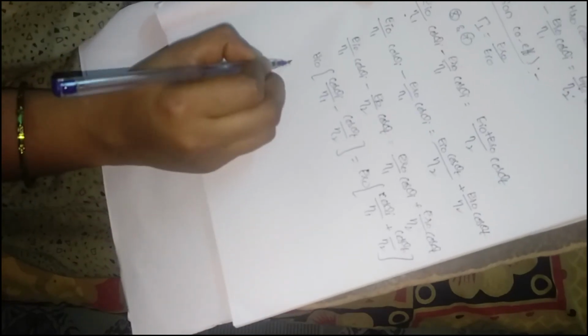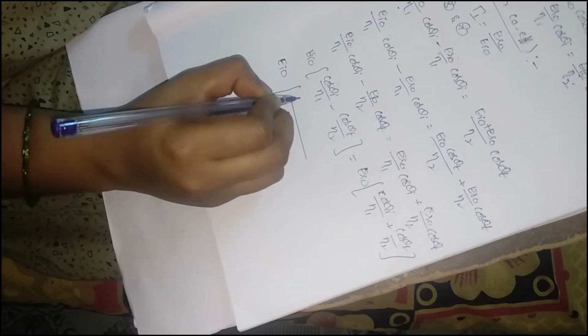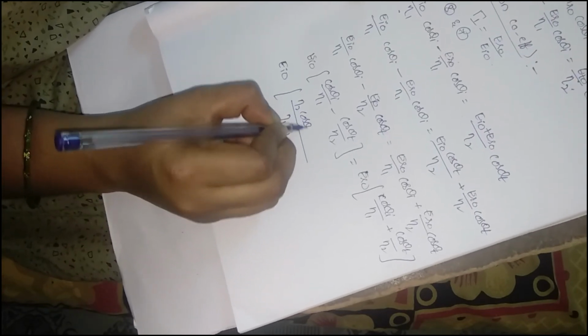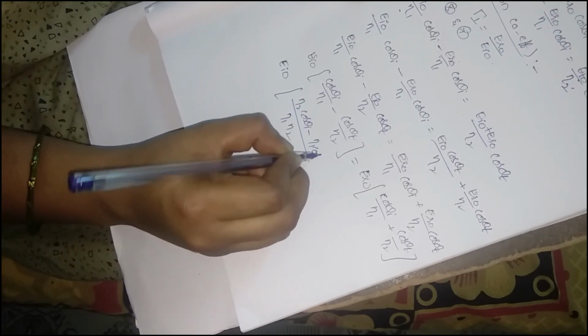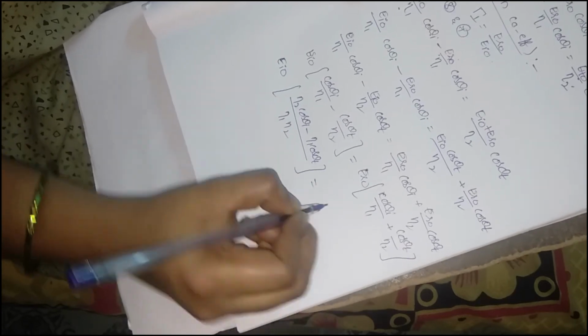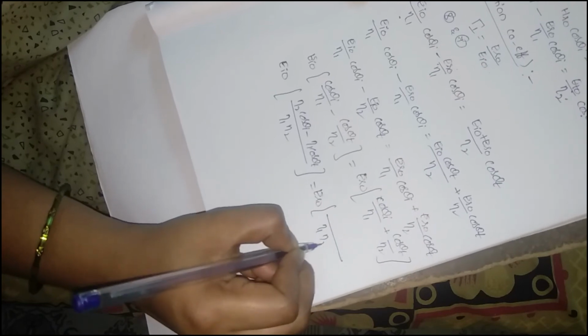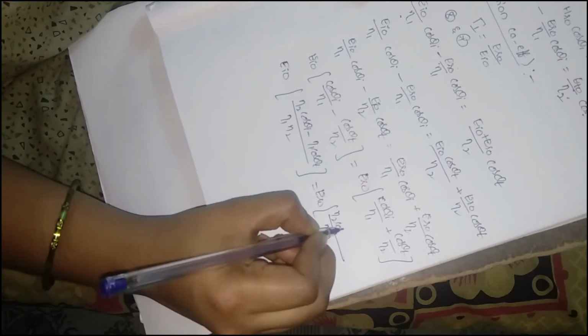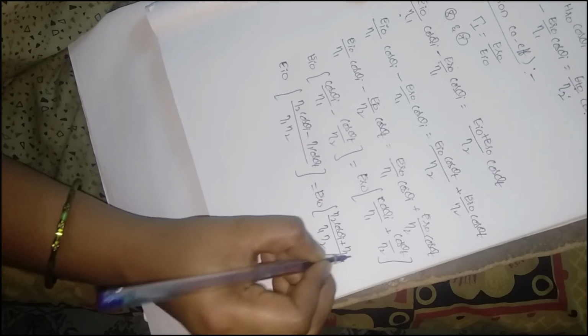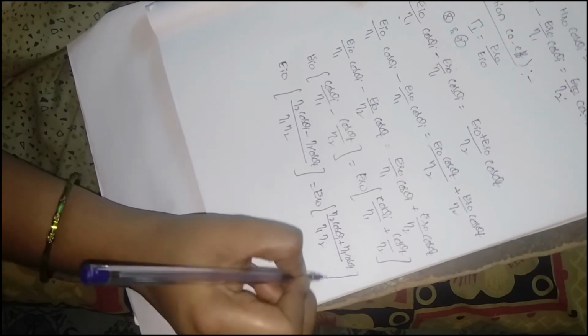Take the LCM, eta 1 eta 2. So it will become eta 2 cos theta I minus eta 1 cos theta t is equal to ER naught into eta 2 cos theta I plus eta 1 cos theta t.